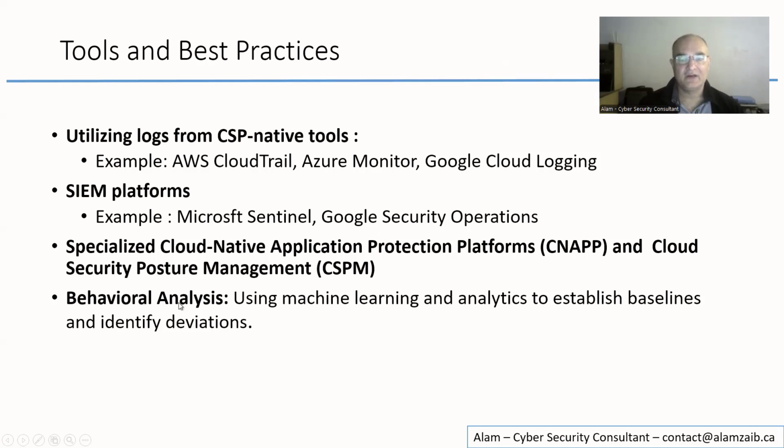And also behavior analysis, using machine learning and creating a baseline and then identifying any deviation from those baselines. Yeah, so this is just a quick brief summary and introduction on threat hunting in the cloud environment.